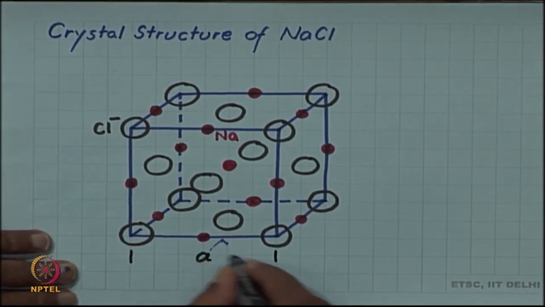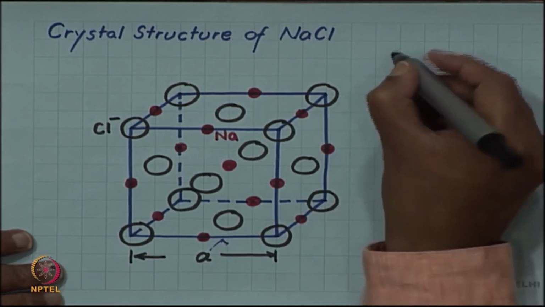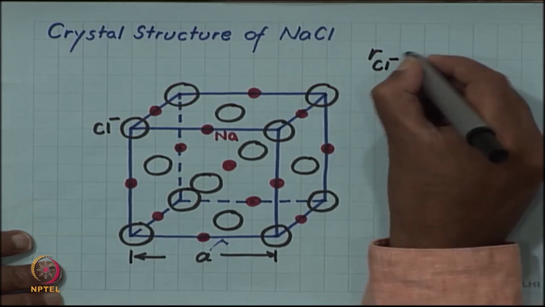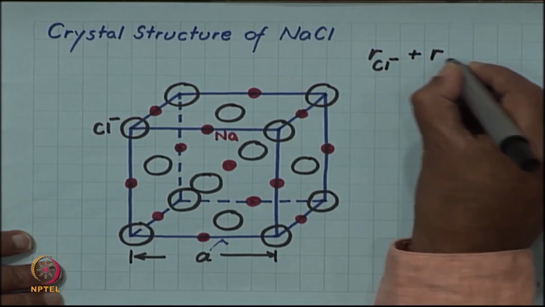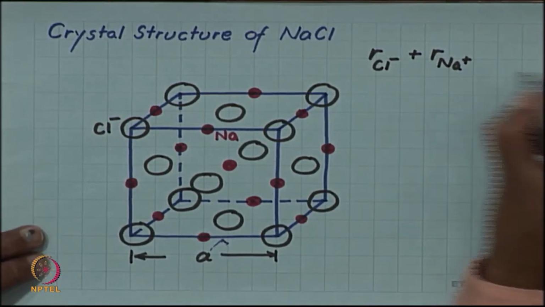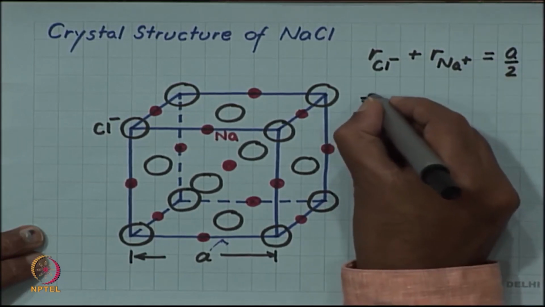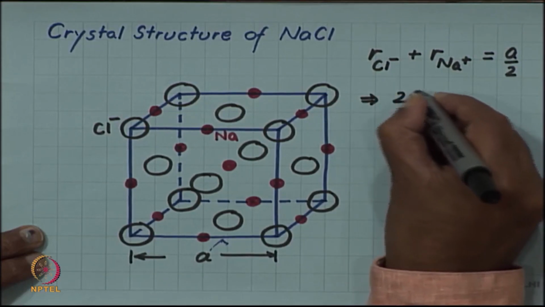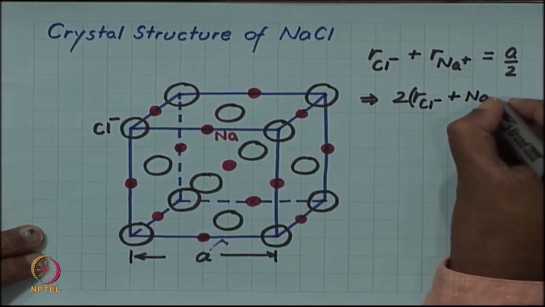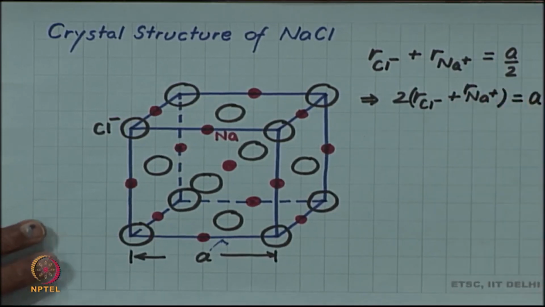If the lattice parameter or the edge of the cube is A, then the radius of the chloride ion plus the radius of the sodium ion should be equal to A by 2, or in other words 2 times the radius of chloride ion plus the sodium ion is equal to the lattice parameter A.